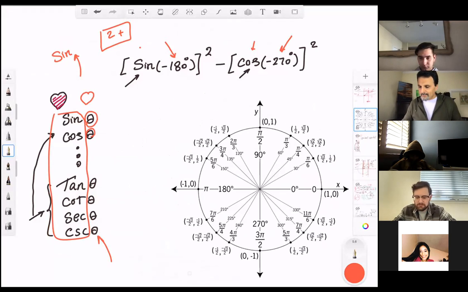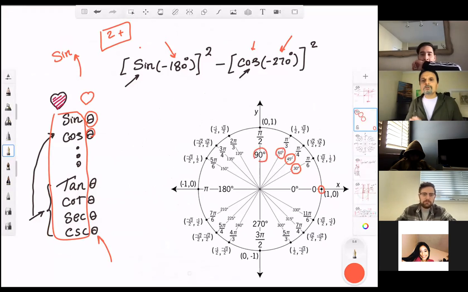We learned the angles 0 degrees, 30, 45, 60, and 90. Those are our favorite angles, the ones that we proved. It's very important. We know them very well.